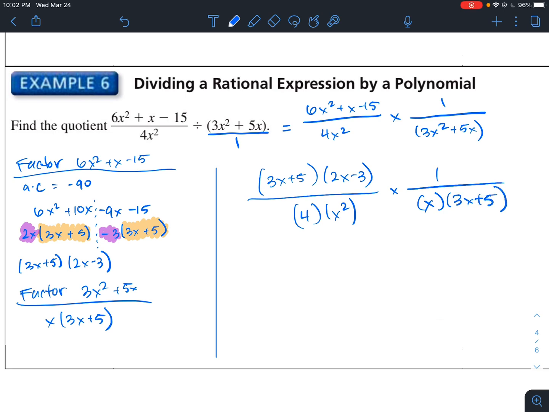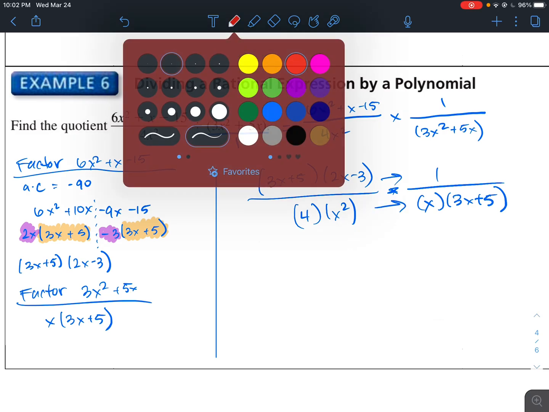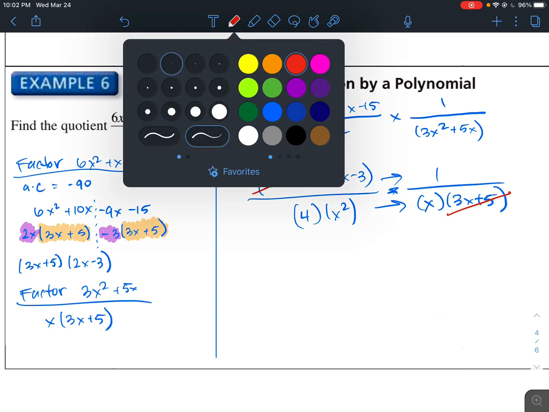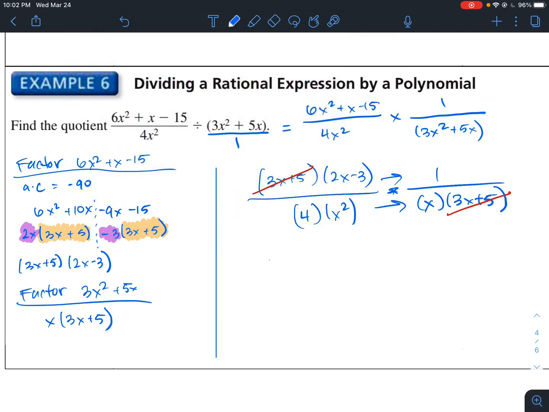So if we put them together, so just multiply across, I can cancel out these factors right here. And I think that's all you can cancel. So I'll be left with 2x minus 3 on the numerator and 4x squared on the denominator.